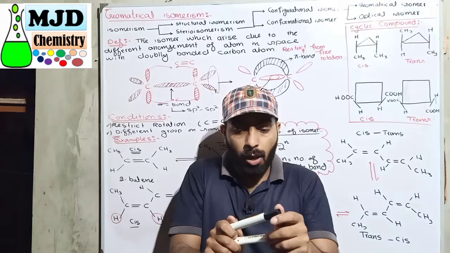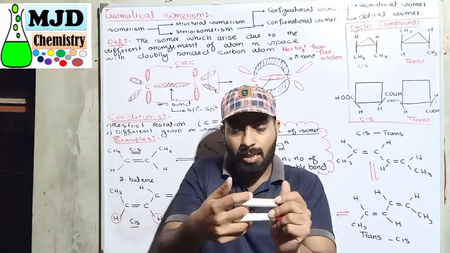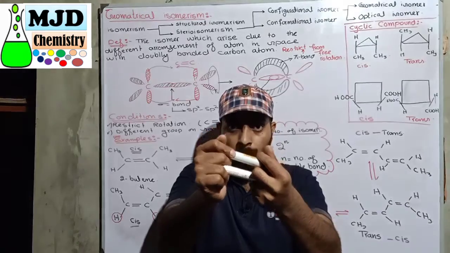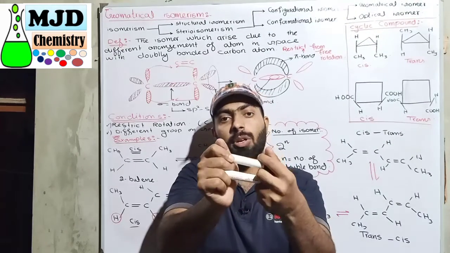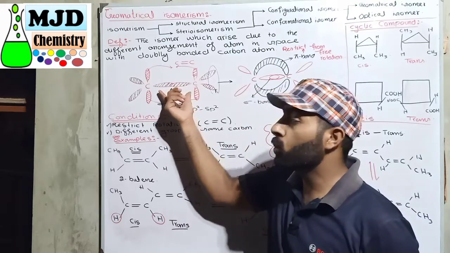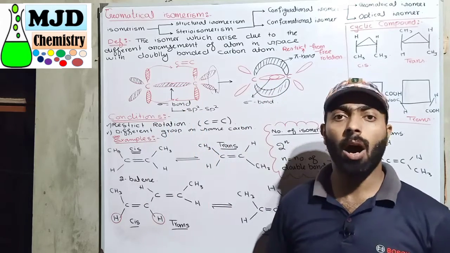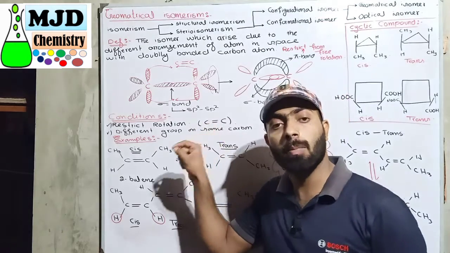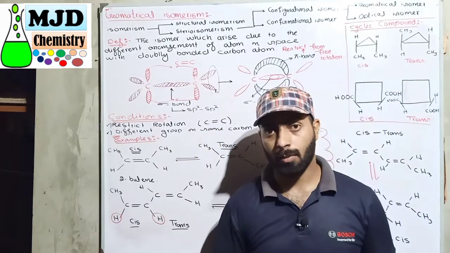When I hold the board markers in this way, I cannot easily rotate them. This is restricted rotation. Similarly, the carbon atoms should show restricted rotation. How should the carbon atoms show it? There should be a double bond between two carbon atoms.